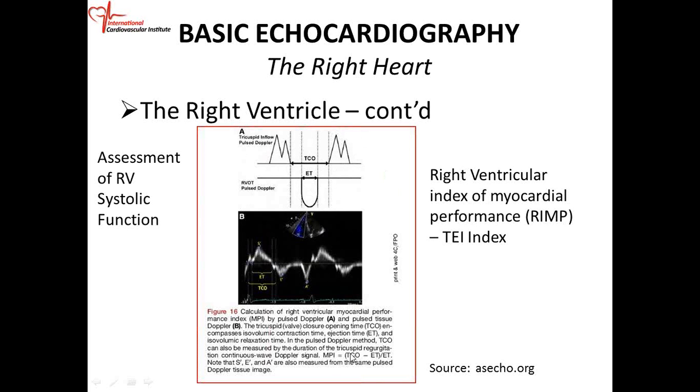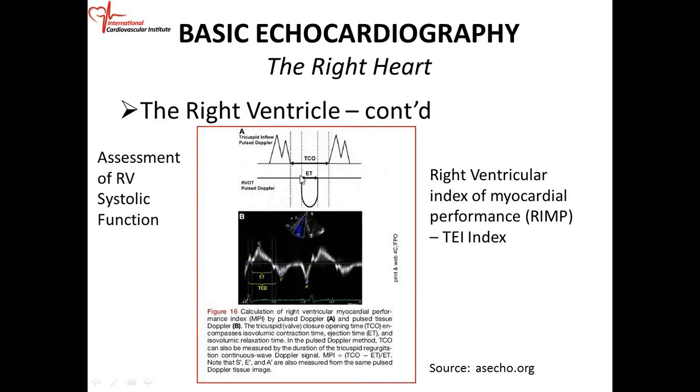The definition of MPI is from the tricuspid valve closure to tricuspid valve opening, minus this ejection time, okay, divided by the ejection time. Again, this little period is IVCT, and from here to there is IVRT.